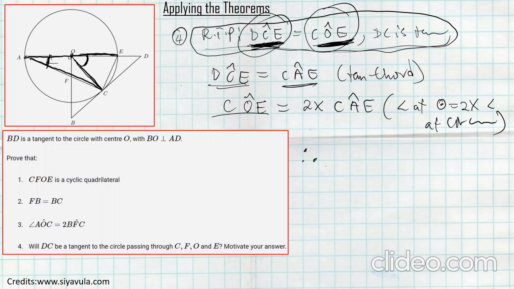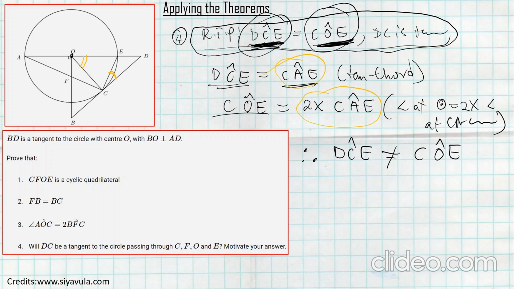Meaning that we can deduce that angle DCE is actually not the same as angle COE, because they are equal to two different angles. This one is equal to angle CAE and this one is equal to 2 times angle CAE, meaning these angles are not equal because they are not equal to the same angle.